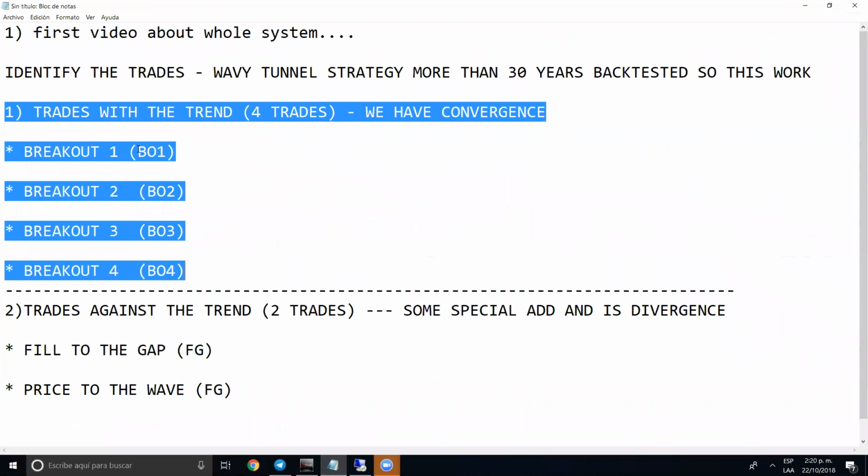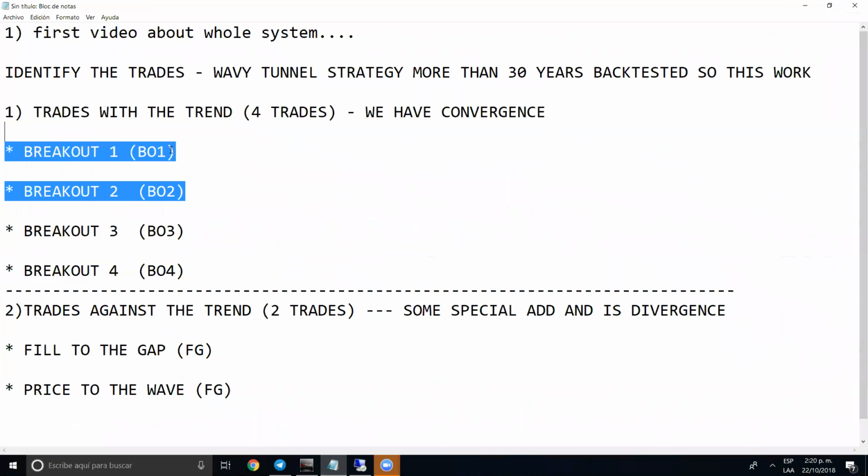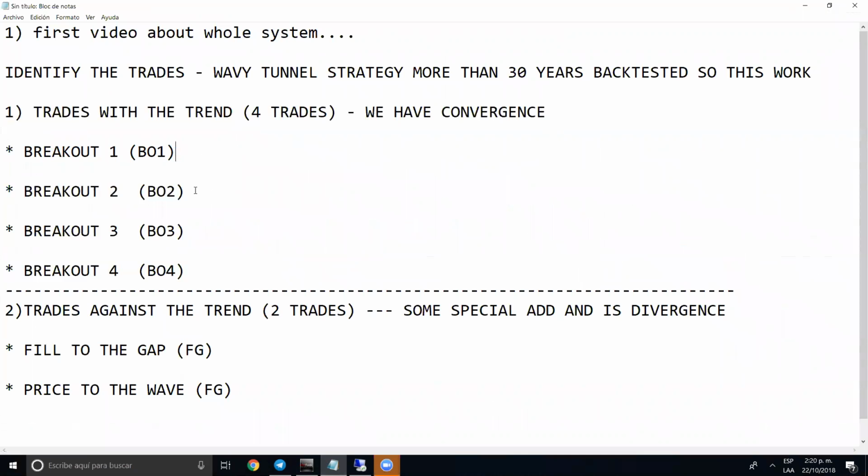Okay, breakout one and breakout two are very similar. It's just the order in which the price crosses the tunnel, but it's the same trade. Okay, I will make it easy to identify. So this is the trade I really like, when we need only convergence and go with the trend.